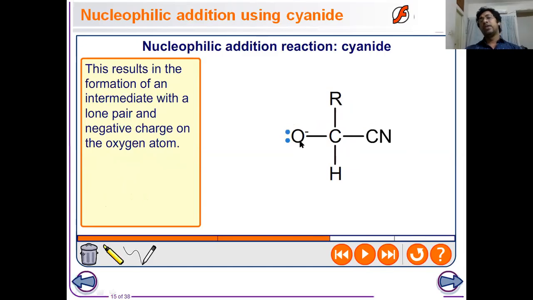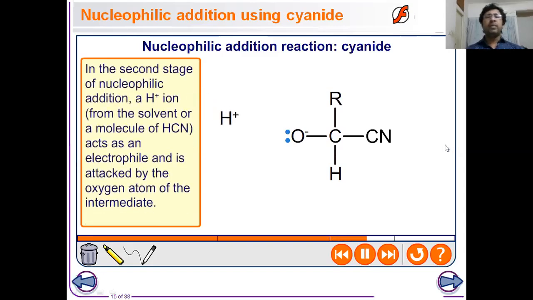So this oxygen now will be attacked by an electrophile, which is available in an acid like hydrogen cyanide. We'll use hydrogen cyanide in this reaction.